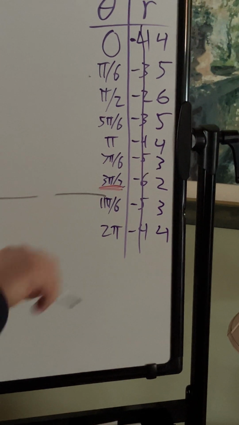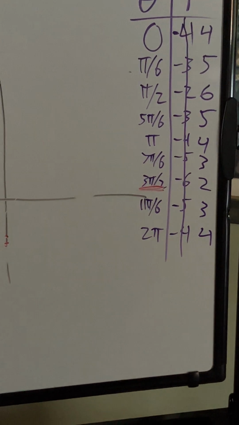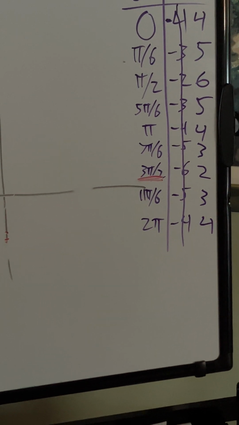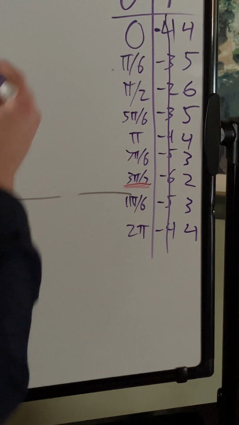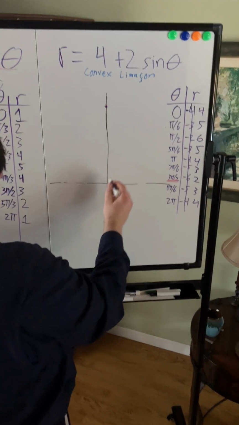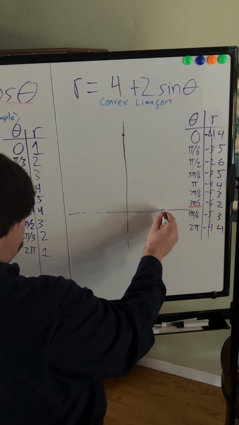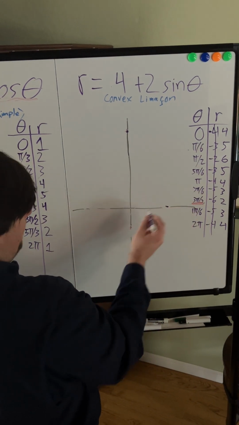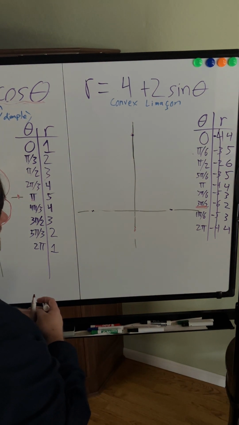So what happens? Well, it actually ends up producing roughly the same graph. At pi over 2, I reach a value of 6. At 0, I'm at 4 instead of being at negative 4, so that just means I'm there. Same thing at pi, I'm now at 4 instead of negative 4, so that's just there.